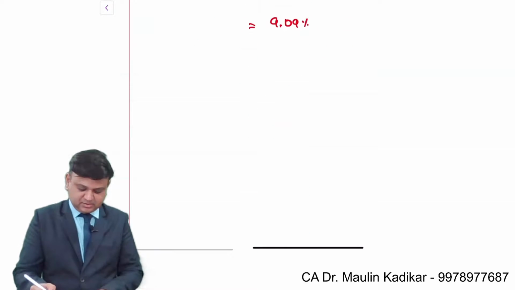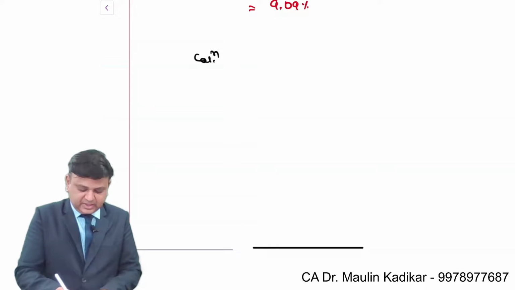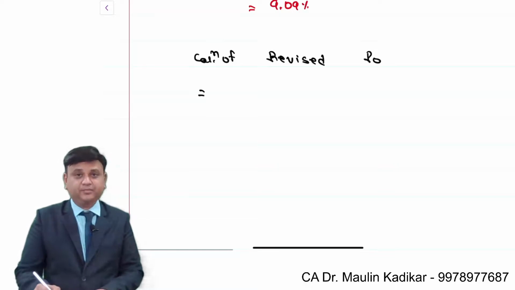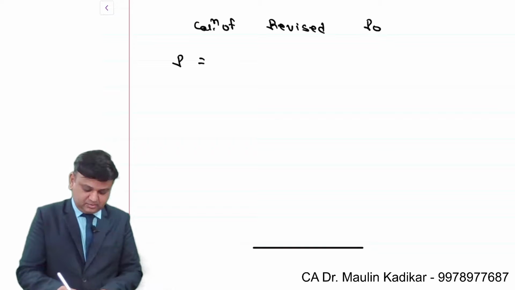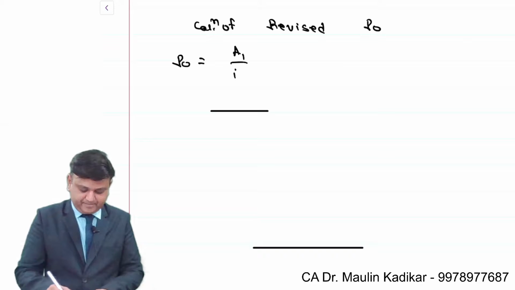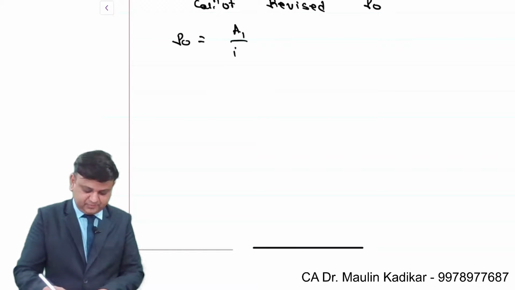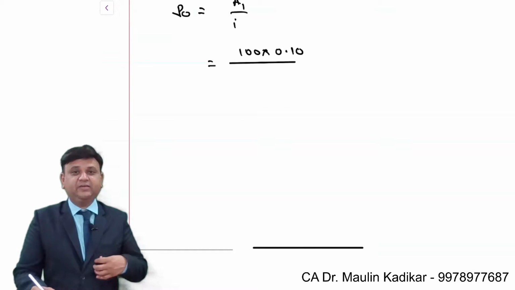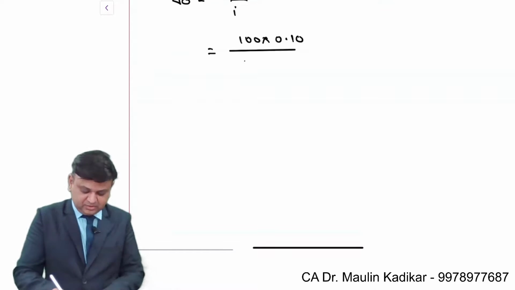Next is calculation of revised P0. In that, A1 divided by I. So over here, A1 is remaining same, 100 into 10 percentage, divided by I, the cost of capital.